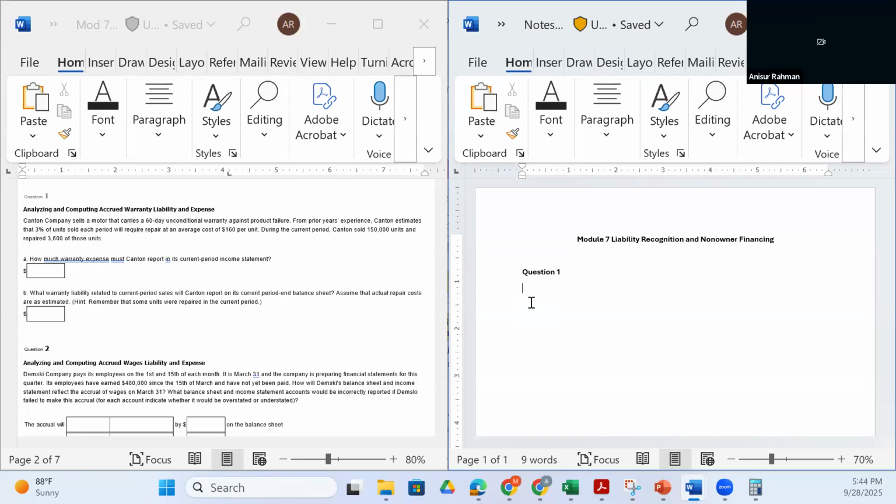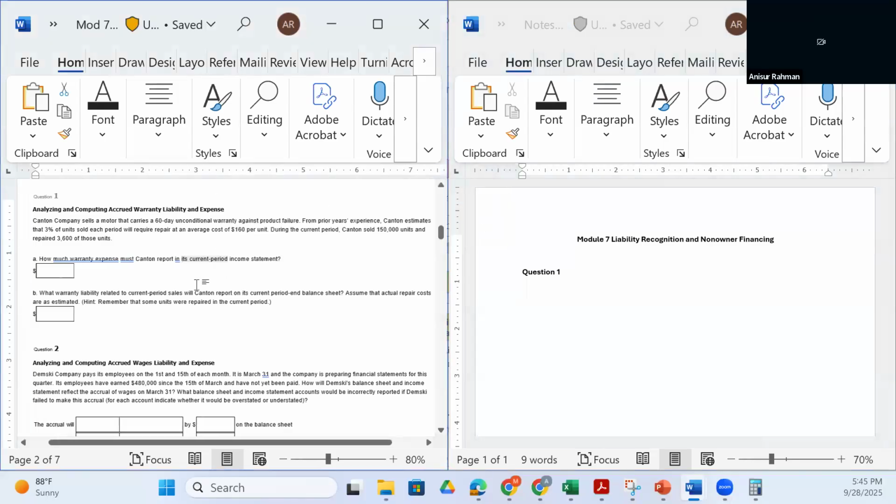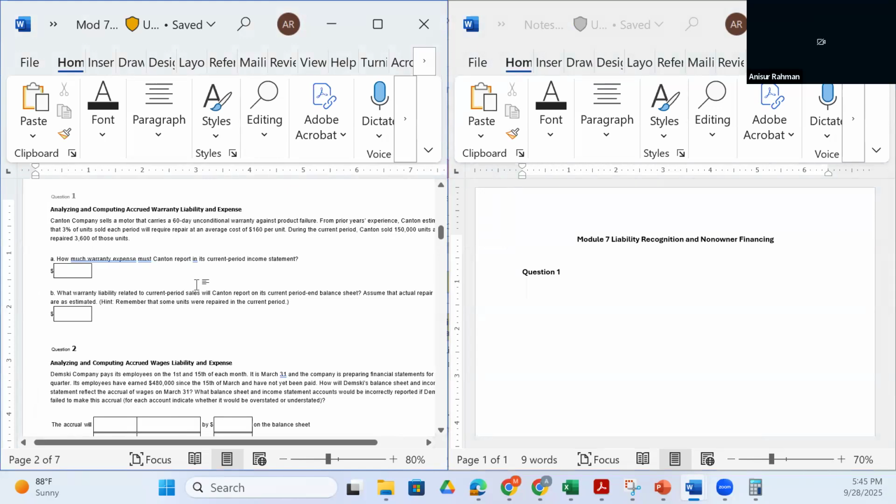So in this case, we have to remember that for the current period, the warranty expense on the income statement and warranty liability on the balance sheet depend on the expected warranties.